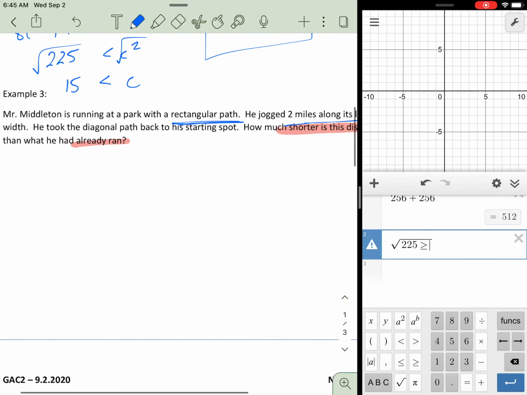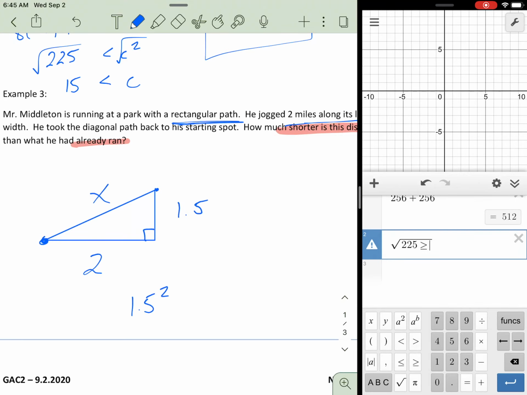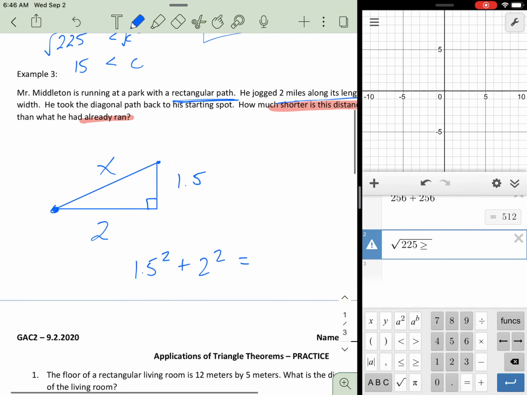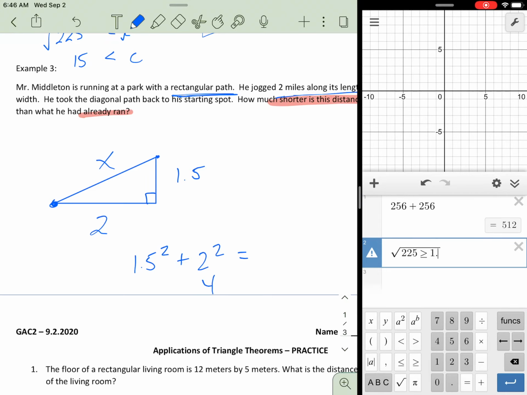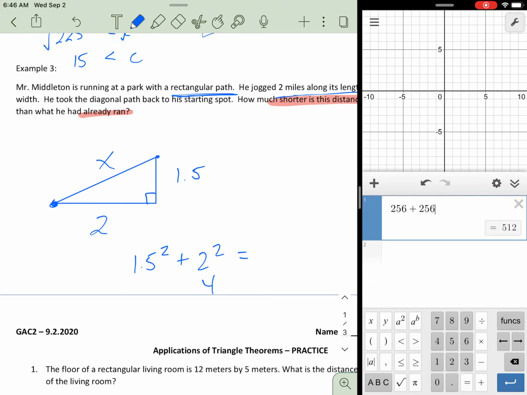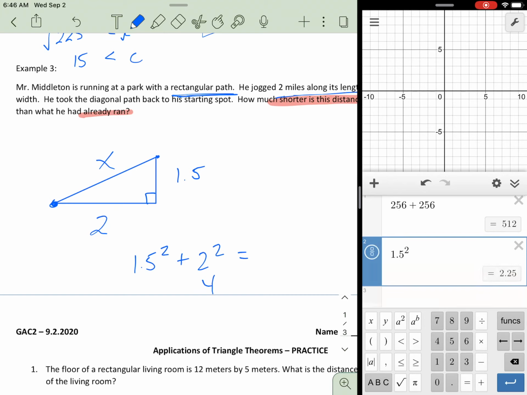So we have a rectangle. Let's say Mr. Middleton, the assistant principal, started here. He ran 2 miles. Then he went another 1.5 miles. And then he went from this point all the way back. So we need to find, if this is a 90-degree angle, what is our diagonal. Again, let's set it up. 1.5 squared plus 2 squared. 2 squared is 4. 1.5 squared is 2.25.